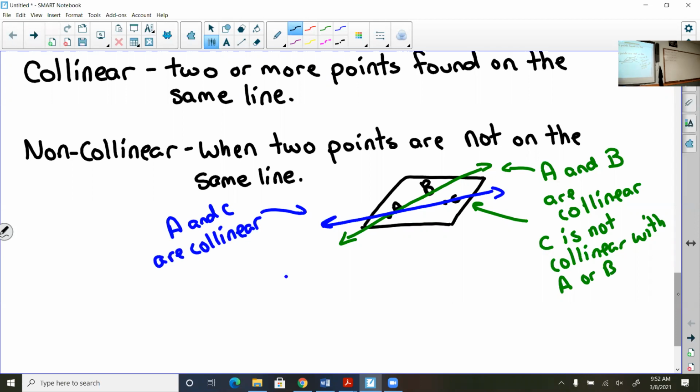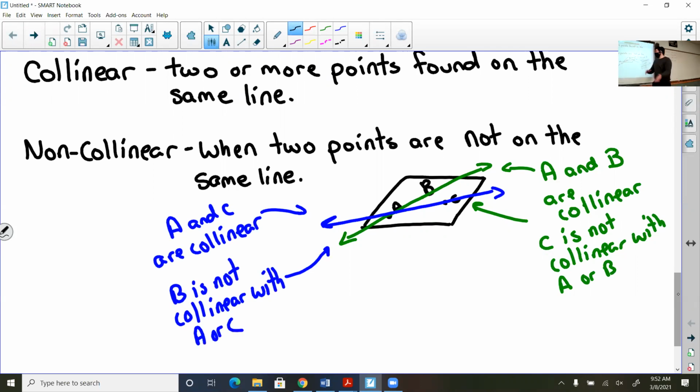And I can say that on that line, B is not collinear with A or C. So depending on what we have in the picture and what line we are referring to, with the green line, line AB, A and B are collinear because they're on the same line, and point C is not collinear, or is non-collinear, with A or B.